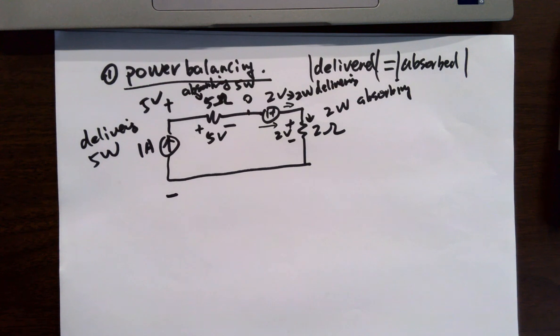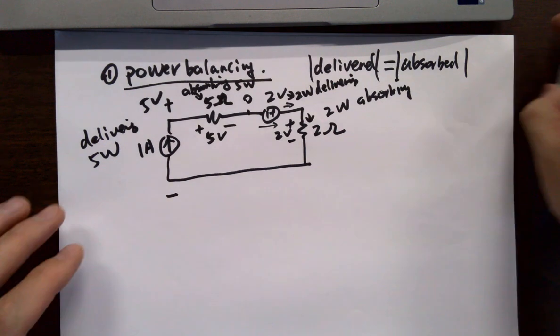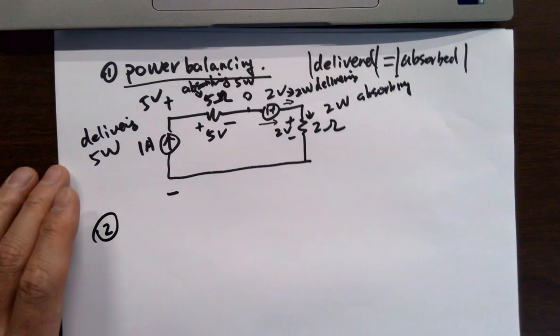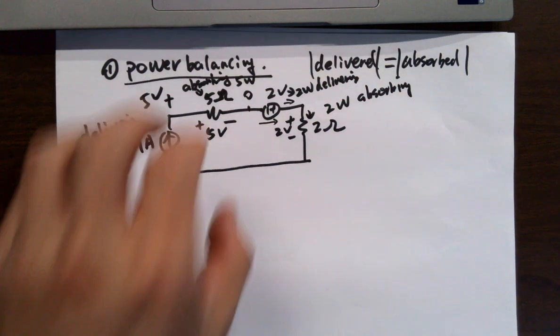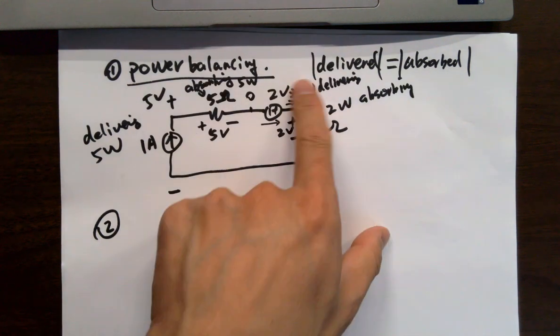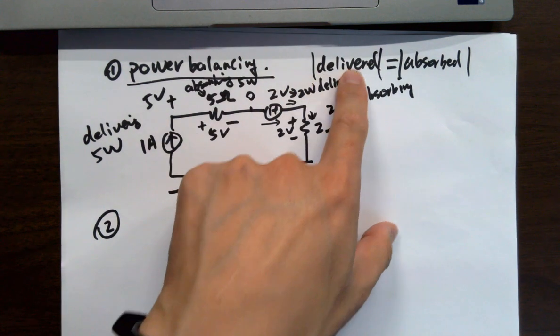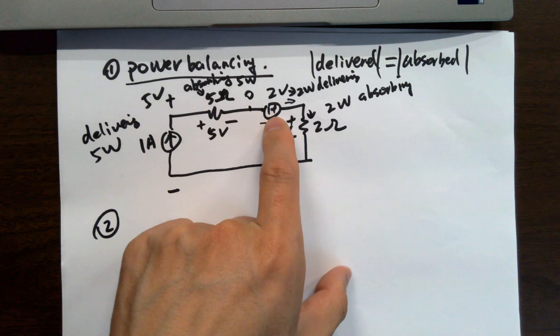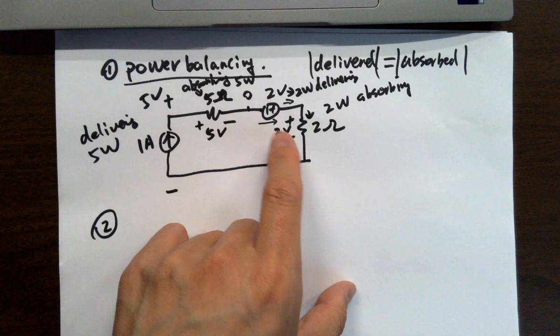It may be limited. Let's think about this on Wednesday, see if I can create another example for you guys, all right? But for this one, it's solved, okay? It's balanced, and absorbed power equals the delivered power of the circuit, and you should know how to calculate the absorbed and delivered power for each component. Okay?